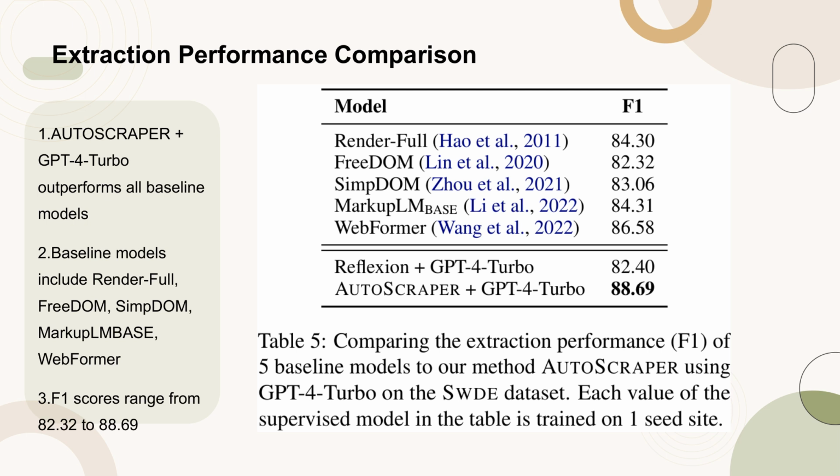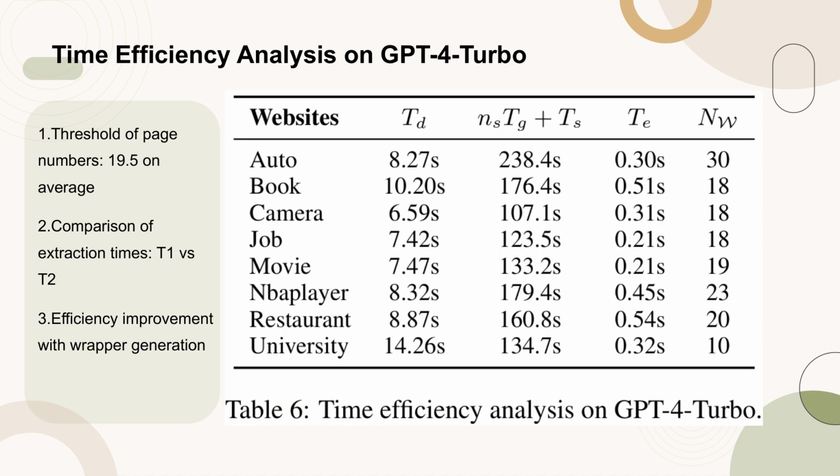Table 6 presents a detailed analysis of the time efficiency of GPT-4 Turbo in web information extraction tasks. The table highlights that the threshold of page numbers needed for AutoScraper to become more efficient is 19.5 on average. This is significantly lower than the average number of web pages per site in the SWD dataset.